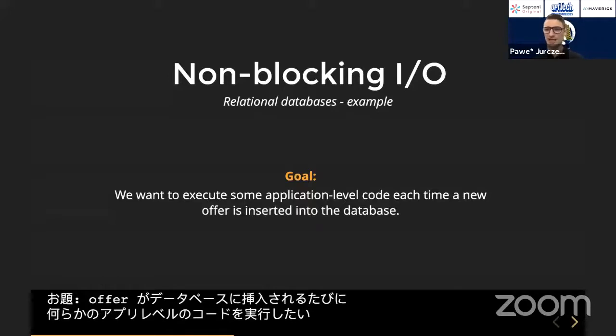So what options do we have now, okay? So the first, like the traditional solution to that problem would be to just periodically, every couple of seconds, every 5 or 10 seconds, ask the database the same question. Hey, have some new offers arrived in the table? And very, very often in many applications, this solution will work completely fine.